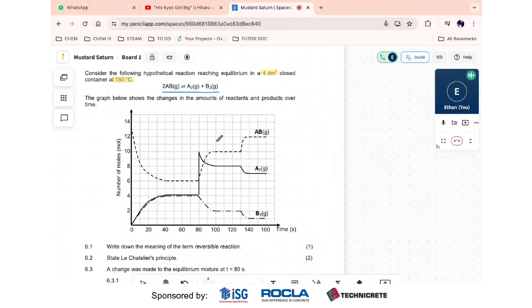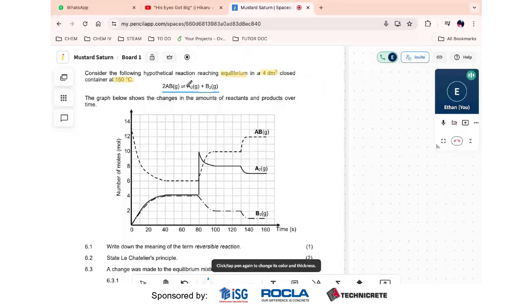Interestingly to note, we have one reactant going to two products, and everything is in gaseous form, and we have a reversible reaction, and this ties in with the idea that the hypothetical reaction has reached equilibrium.